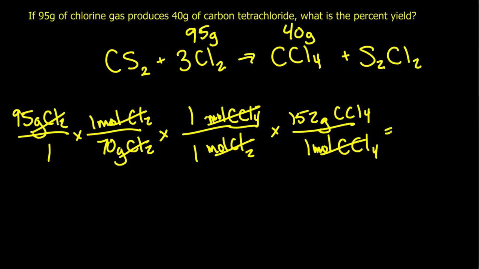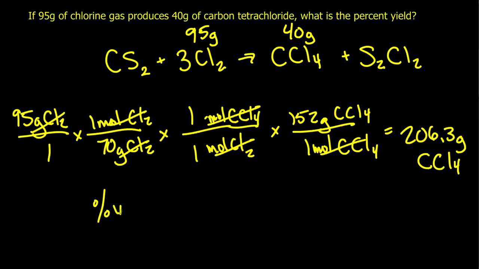Alright, let's do a little bit of math. 95 times 1 divided by 70 times 1 divided by 1 times 152 divided by 1. So theoretically, we should produce 206.3 grams carbon tetrachloride. But we only produced 40. So what's percent yield there?